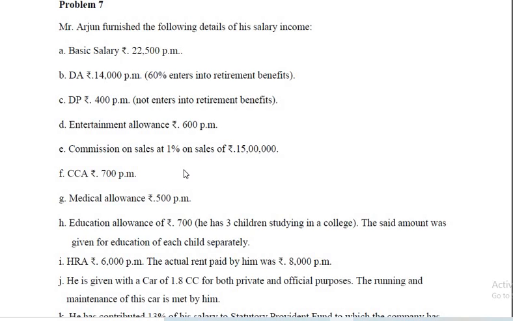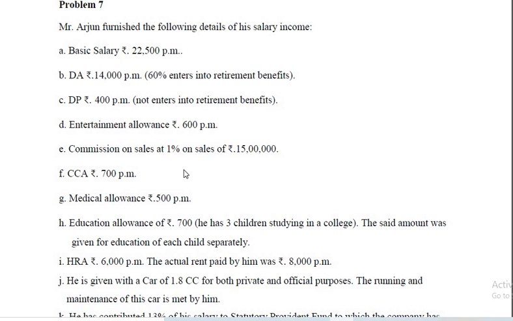Therefore, entertainment allowance is taxable, but no deduction is available under section 16. Commission on sales at 1% on sales, it is fully taxable. Not only that, this will be taken under the term salary for the purpose of HRA and even for calculating the contribution of the employee to the Provident Fund.